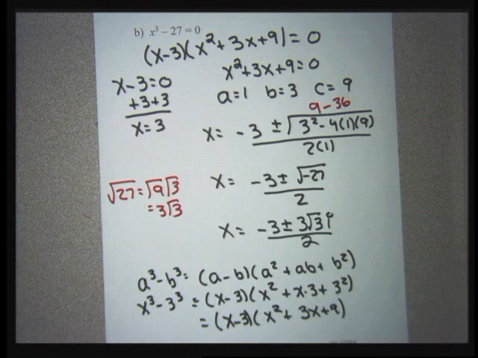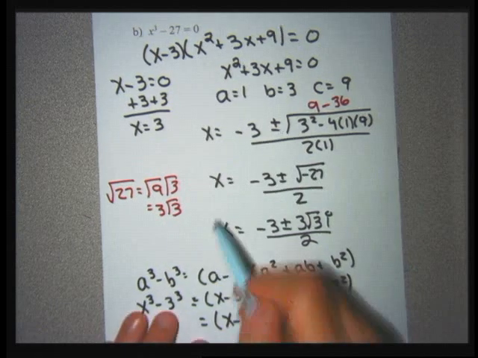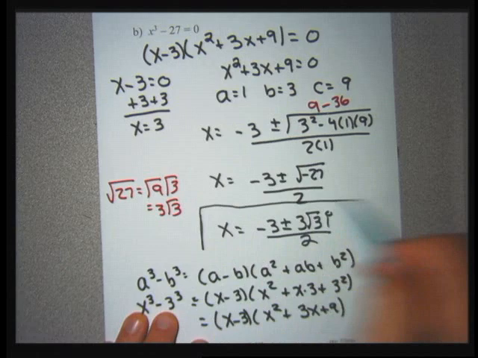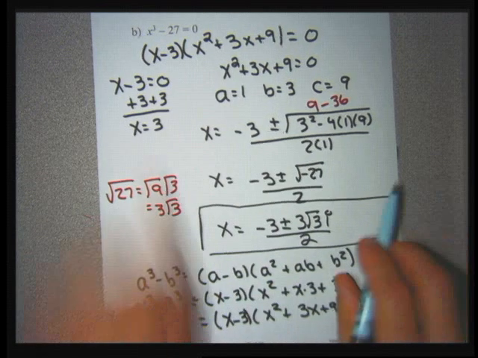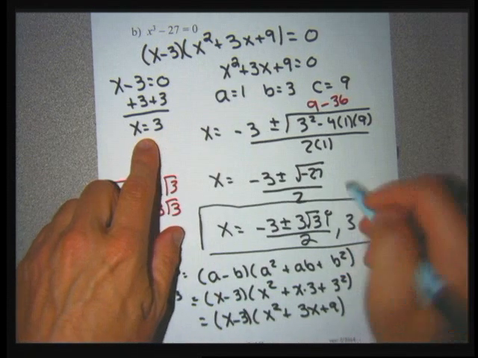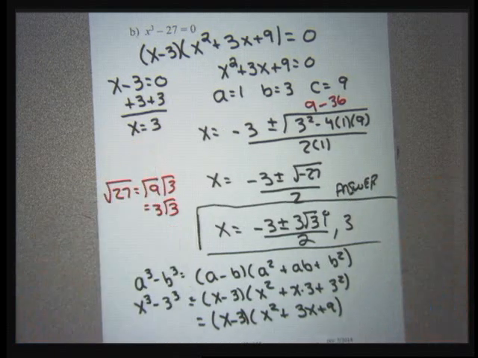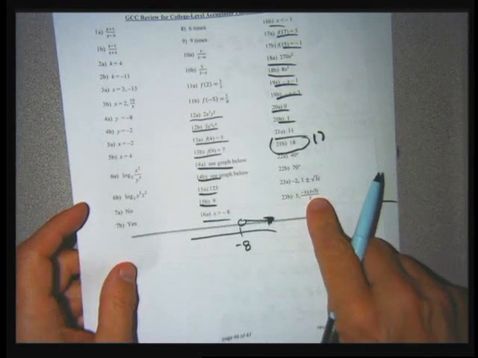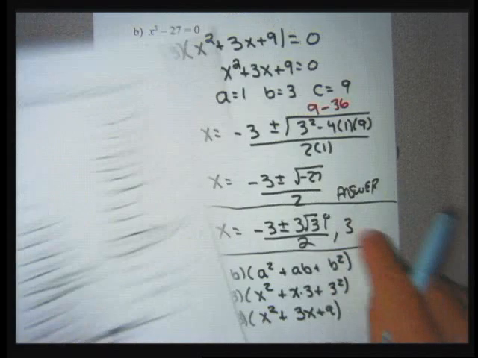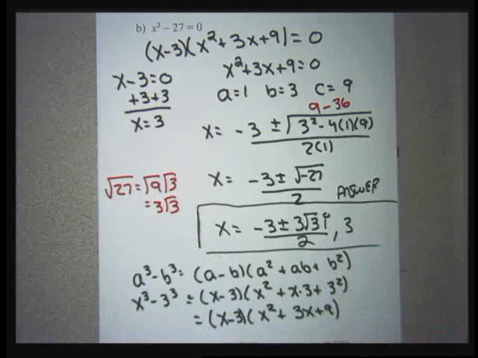That can't reduce because the 2 doesn't go into any of the 3's in the numerator. So I'm going to just say this is part of my answer, and next to it write the other part of my answer, which is the 3. So my answer for the last problem is 3, then negative 3 plus or minus 3 square root of 3i over 2, which is perfectly that.